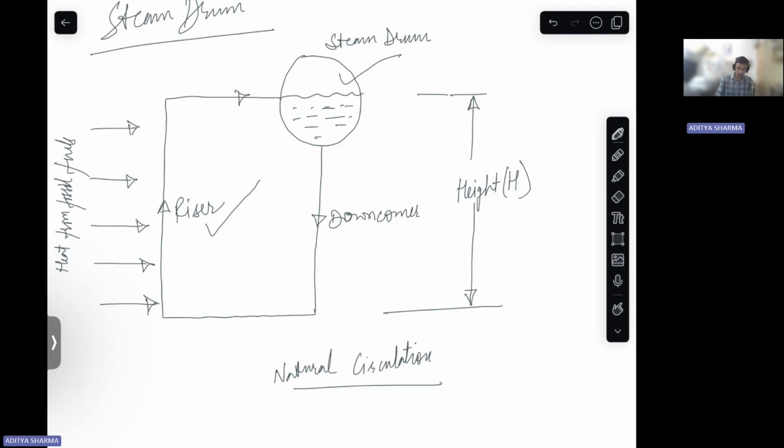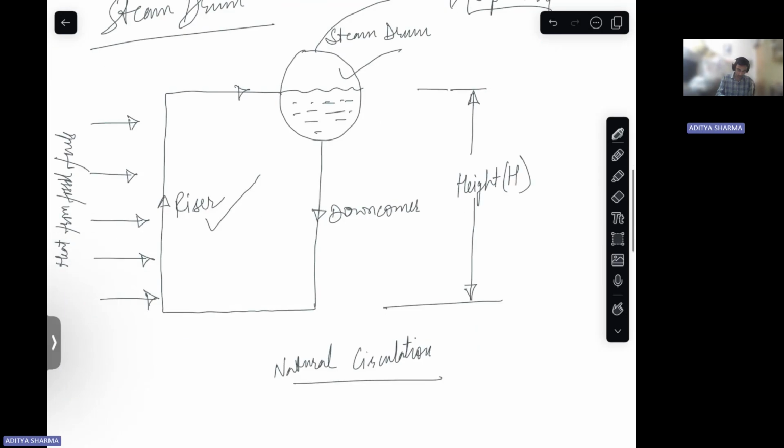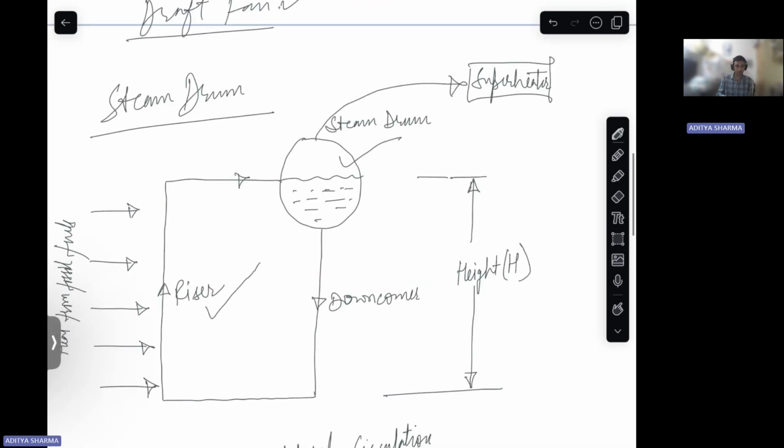And then this vapor from the steam drum is further given to your superheater. Okay, from superheater it goes to your high pressure turbines, right? And then from high pressure turbines to your reheater, then to your low pressure turbines, right? Then to your condenser, right? So this is your natural circulation in your steam drum.